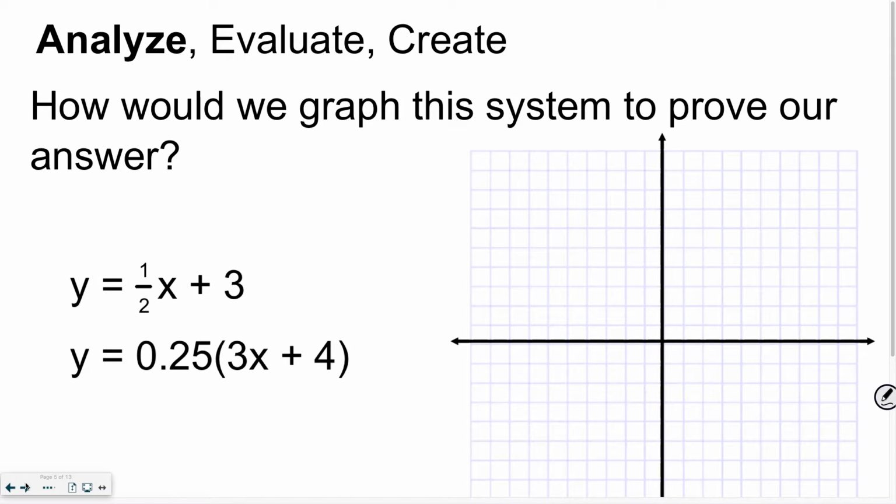Why is your line intersected? Okay, so how do you do why up there?